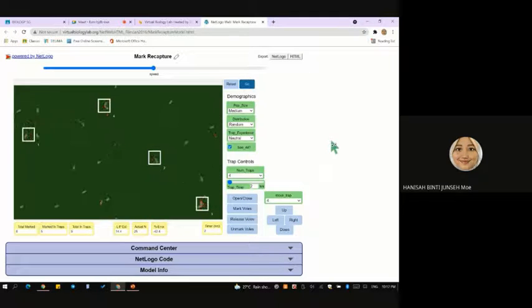Let's say at first how many did we get? I forgot to record, we have to record the data. Roughly we had 4, 1, 2, 4. 4 plus 1 is 5, 7, plus 4 is 12. So the first capture we got 12.